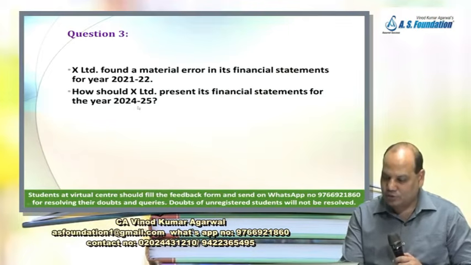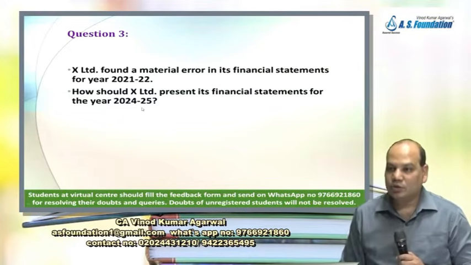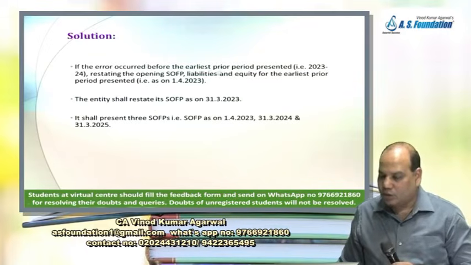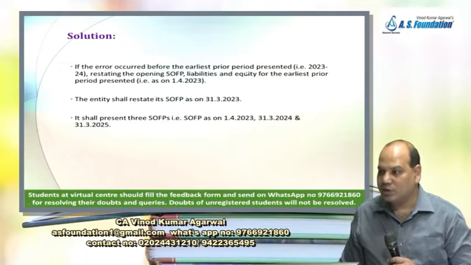One as at 31st March 2025, comparative as on 31st March 24 and as on 1st April 23 also. Is it right? If the error occurred before the earliest period presented, did the error occur before the earlier period presented?